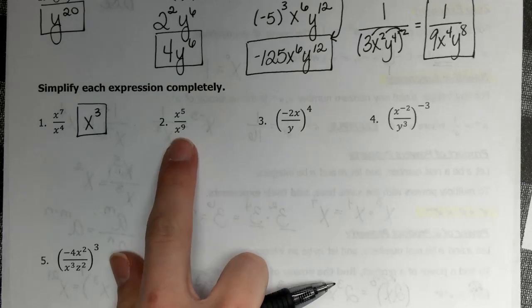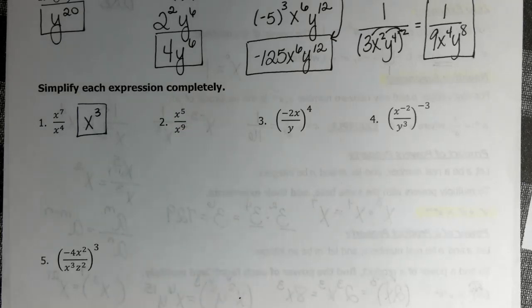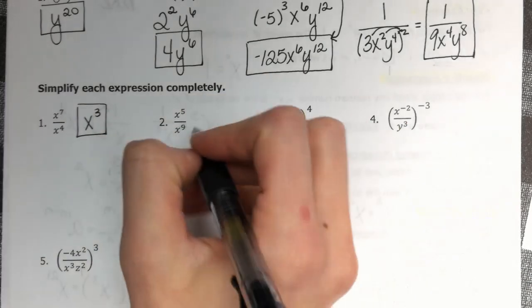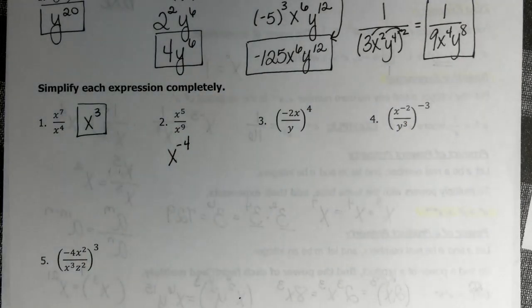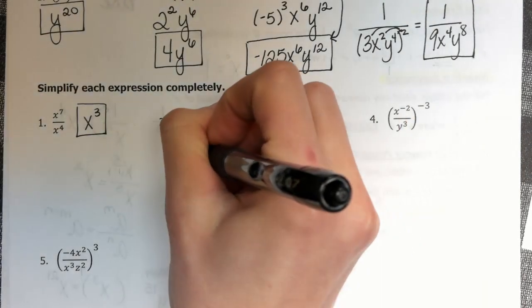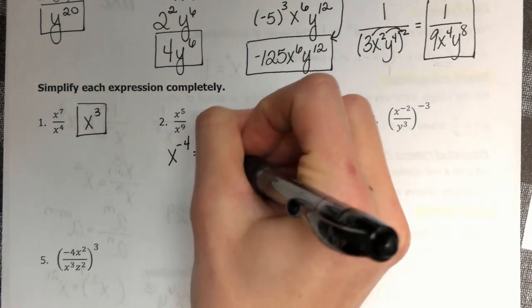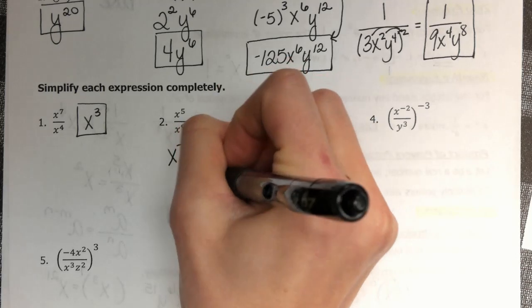But when you have x to the 5th over x to the 9th, you know you're subtracting. You subtract top minus bottom, okay? So this would be 5 minus 9, which is x to the negative 4. I would need to see that before you make it what? 1 over x to the 4th.